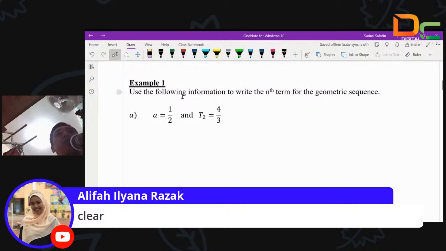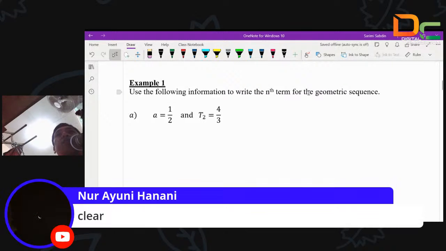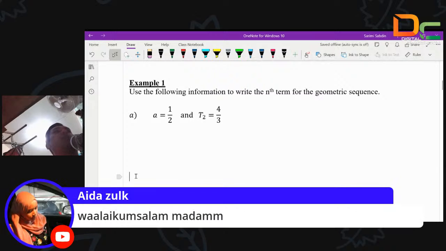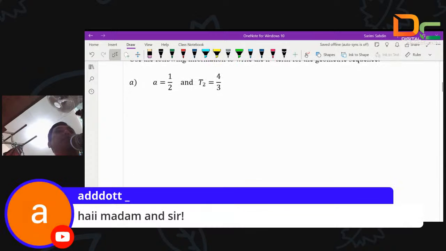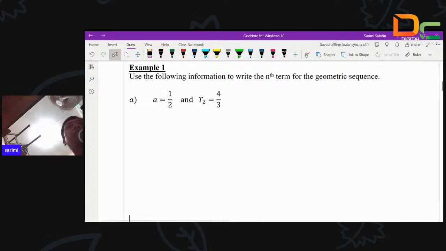Use the following information to write the nth term for the geometric sequence. When we want to solve a question about progression or sequence, the first step we need to do is know what we want to find. Apa-apa pun bila kita nak buat sesuatu, kita kena tahu apa yang kita nak cari lah.